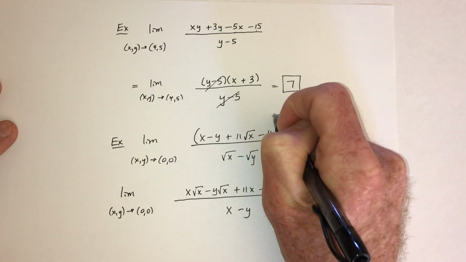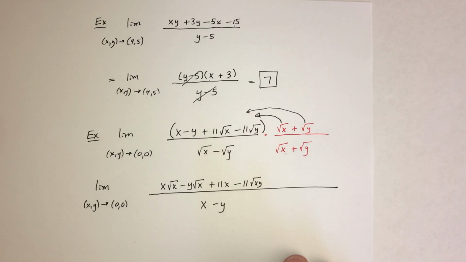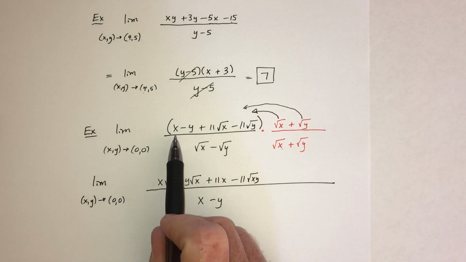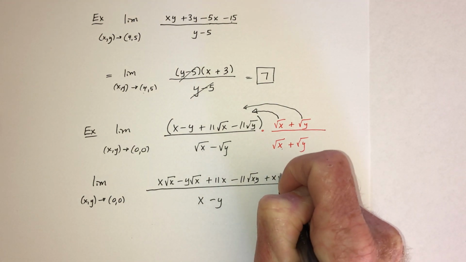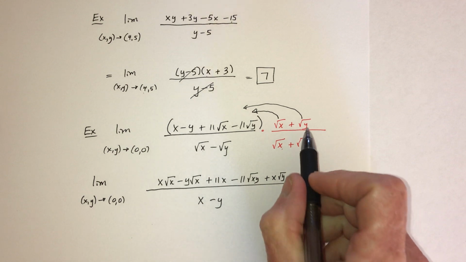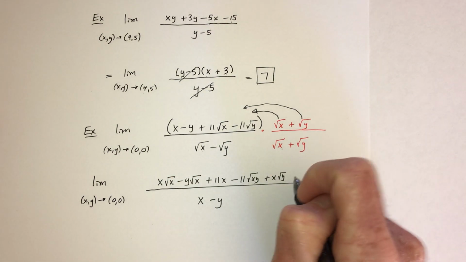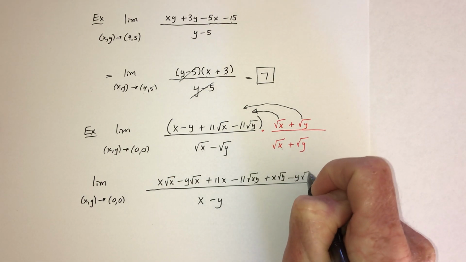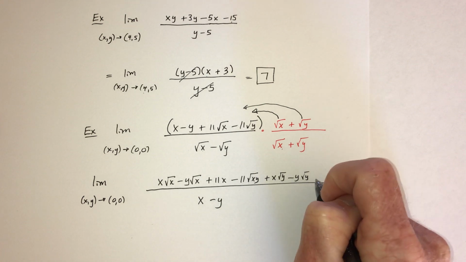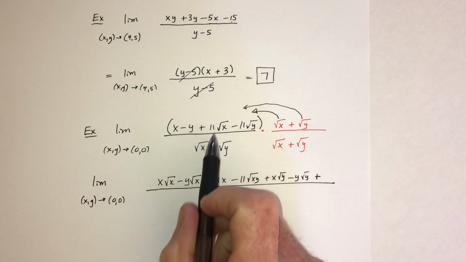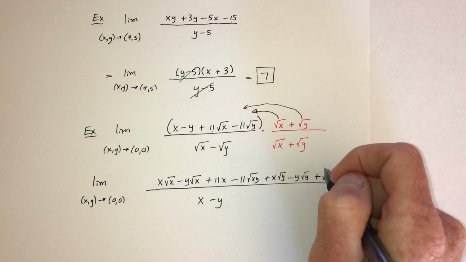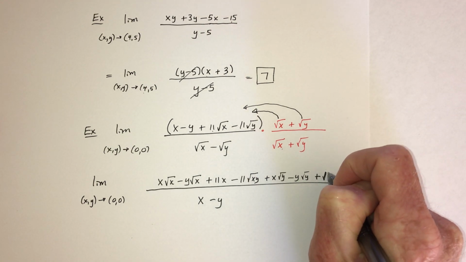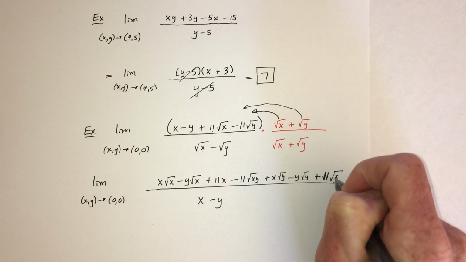And now distribute the square root of y. So there will be an x times the square root of y, and then square root of y times that one, so minus y square root of y. And plus, for this one, they're both in the square root, so, oops, I need to put the 11 first. 11, and then square root of xy.